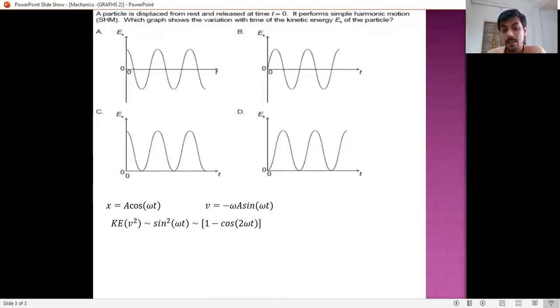So kinetic energy, which is varying as v squared, would actually vary with sine squared of omega t, which can be written as something like this. Now you can look into this: as omega t is 0, you can see that the kinetic energy is 0 as well, because cos of 2 omega t will be 1, and 1 minus 1 gives you 0.